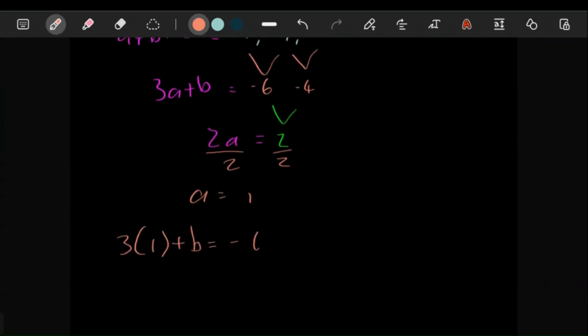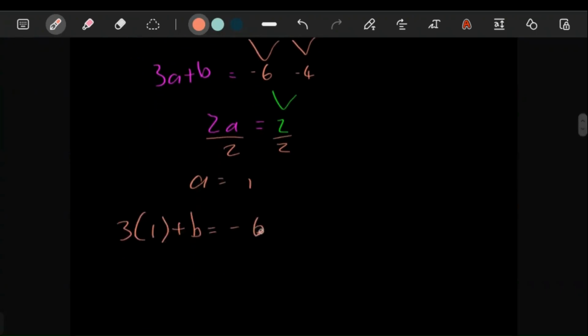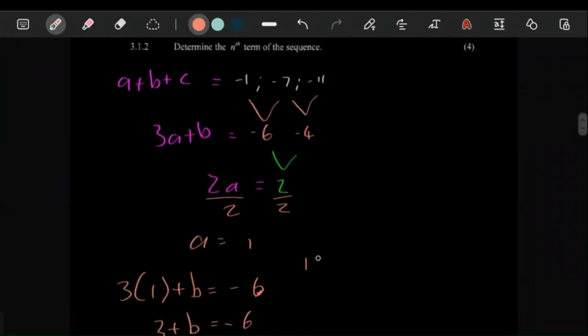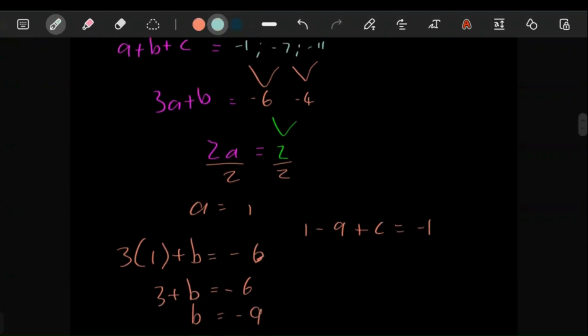This is -6. And then you have the 3 plus B. The 3 goes to the other side. You have -6 minus 3, which is -9. And then here you have 1 minus 9 plus C equal to -1. 1 minus 9 is going to give you -8.